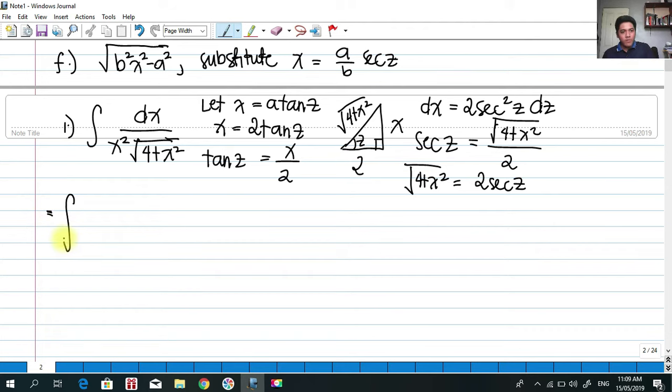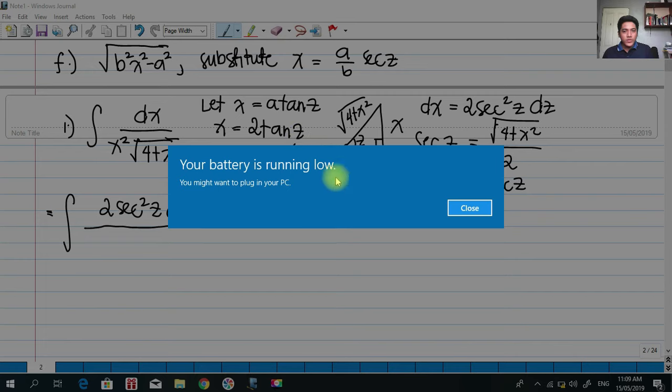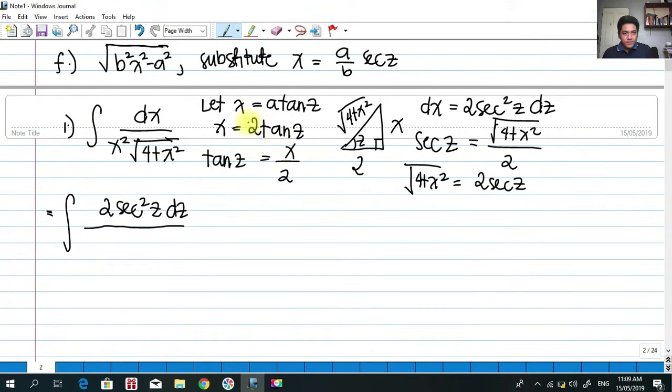Our integral will now have dx as simply 2 secant squared z dz, over x squared. So we have to square this side.